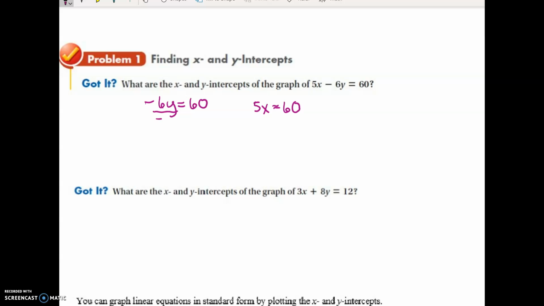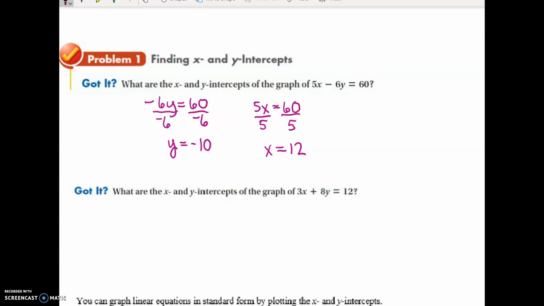So I would divide here, and we would end up with y is negative 10. And on the other side, I would divide both sides by 5, and we would end up with x equals 12. So there are my two intercepts.